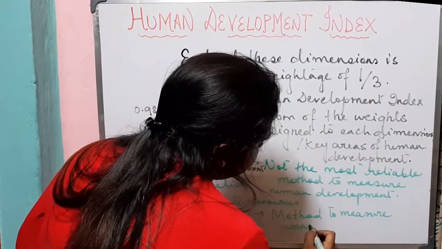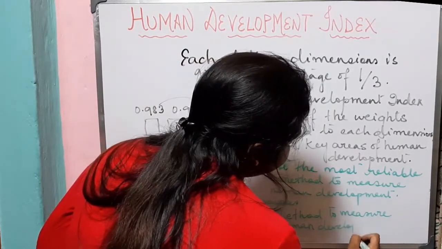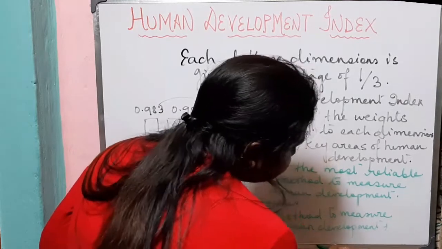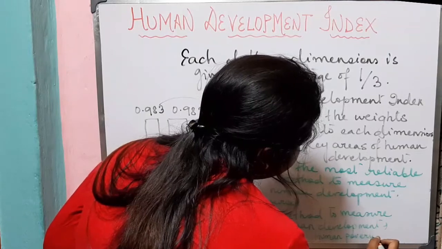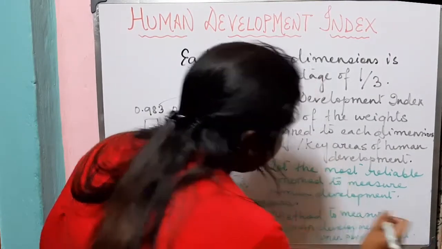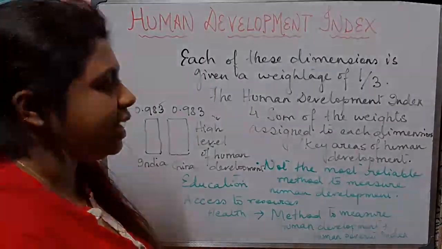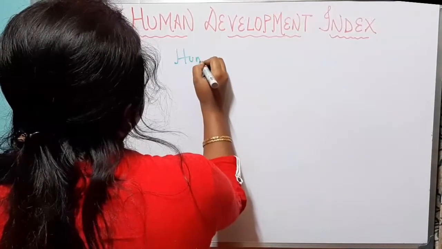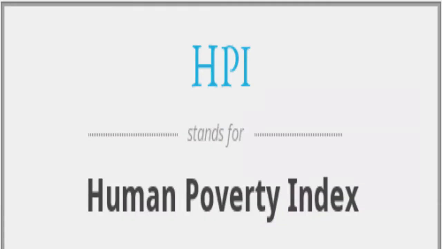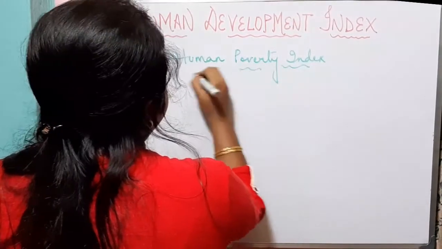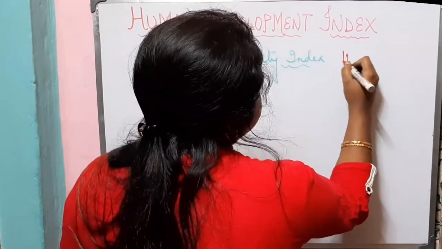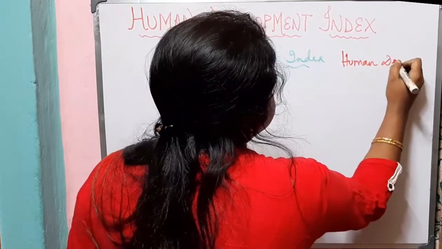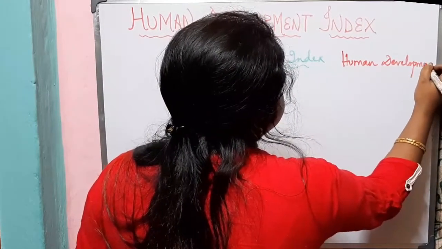So to deal with this situation, we have another method to measure human development, and that is the Human Poverty Index. Let us know about the Human Poverty Index. Now, the Human Poverty Index is related to the Human Development Index.